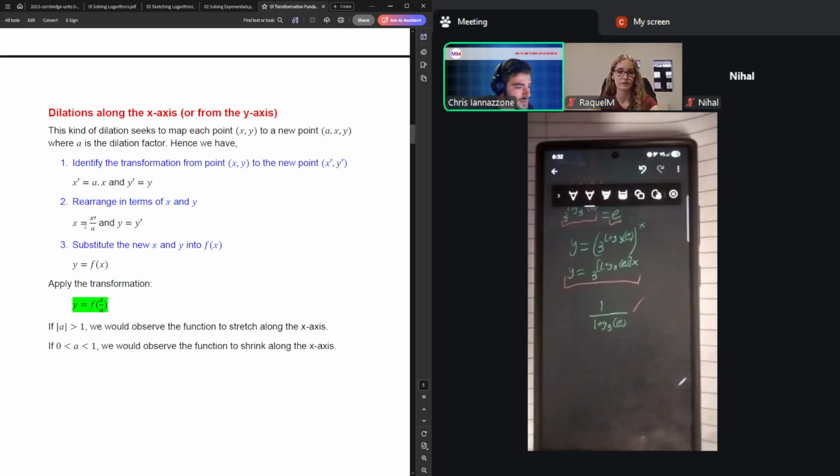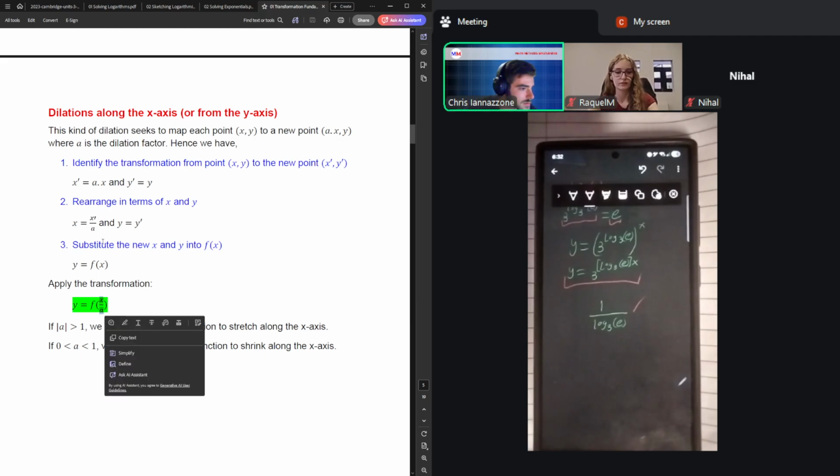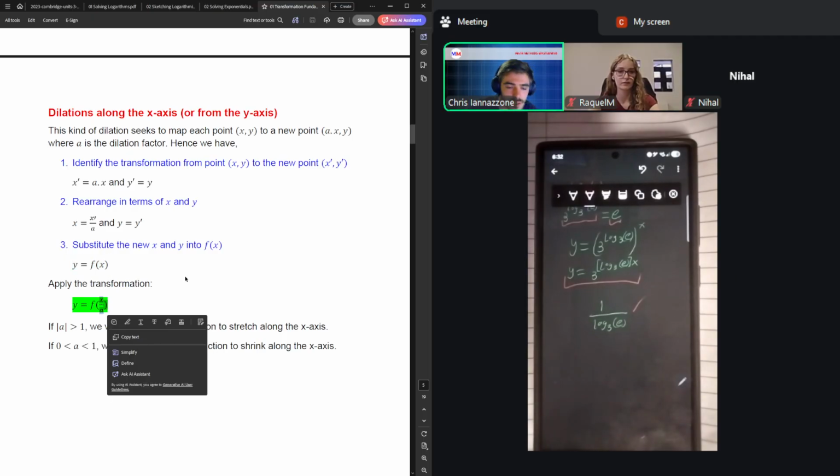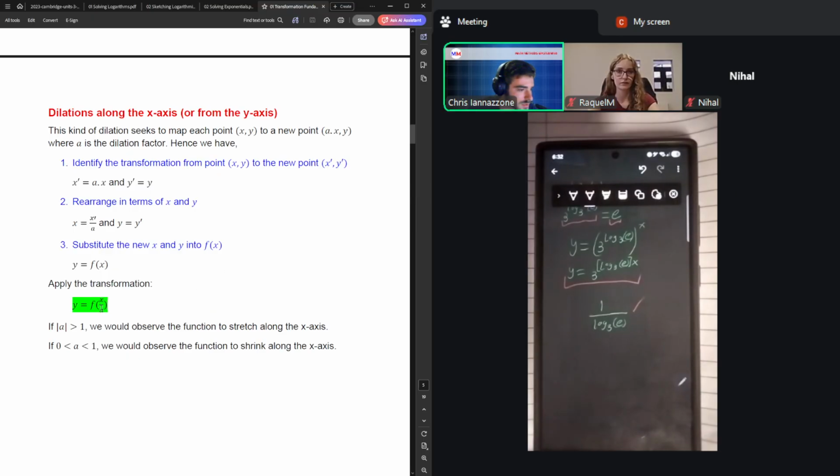We do that by starting with getting the x and the y on their own, which in this case means dividing both sides by a, and then you can sub that into the function that you're trying to apply that transformation to. Because you've done this flip to get the x on its own so that it can be subbed into a function, remember functions work on x and y, not x dash and y dash. That's why you have to do that rearranging, so you can sub it in here. It ends up in the division spot rather than the multiplication spot. And so because we had it in the multiplication spot, we'd have to do a little bit of a flip to make the factor actually observable.